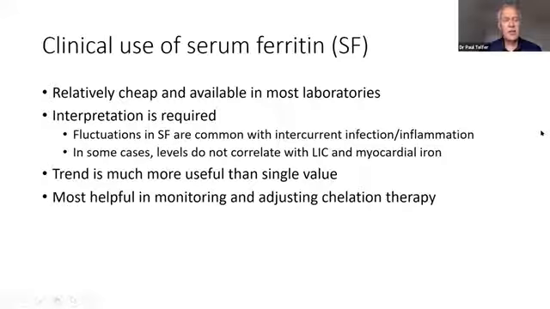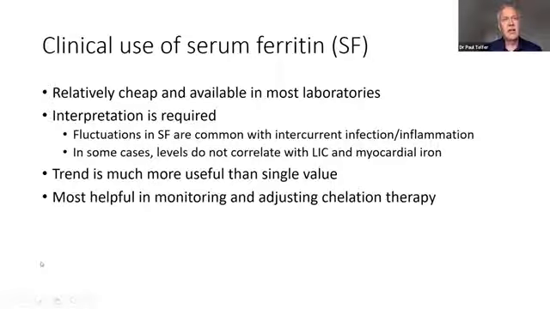So ferritin is relatively cheap and available in most laboratories. Interpretation is required, and certainly if you're just looking at a single ferritin level, this can fluctuate from month to month or from day to day, and is sensitive to other factors apart from just the level of iron. In particular, it's an acute phase protein which increases with intercurrent infection and inflammation.